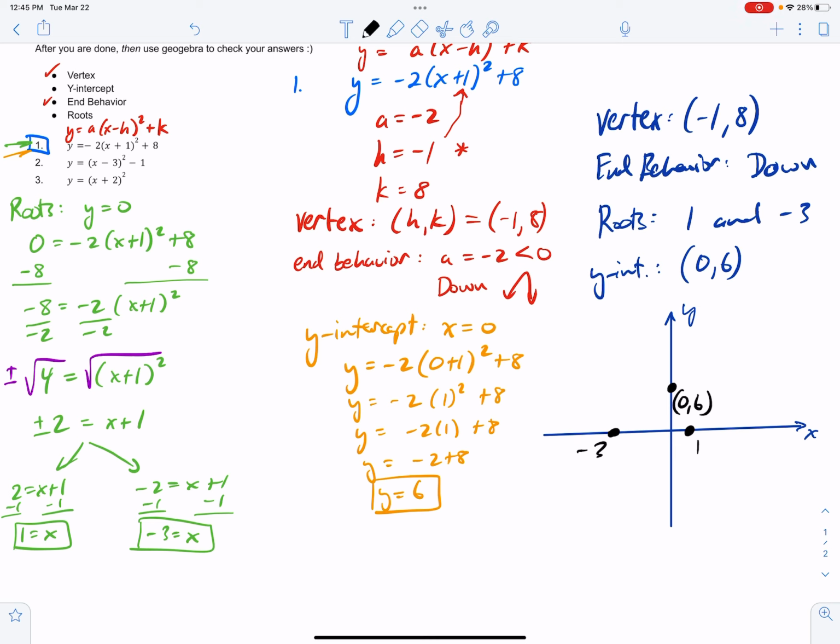The vertex is -1, 8. So if I were to graph this, it would look something like that. Maybe I can put this as (-3, 0) and (1, 0). And this should match what you get on GeoGebra.